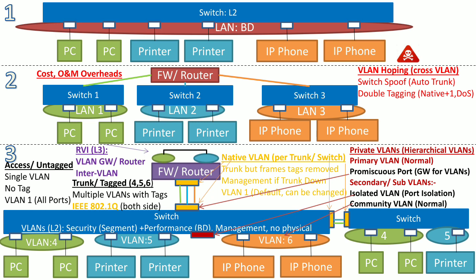So what the attacker does is he uses a laptop and configures his laptop as a switch, or he spoofs his laptop as a switch, and then he tries to connect to the target switch.